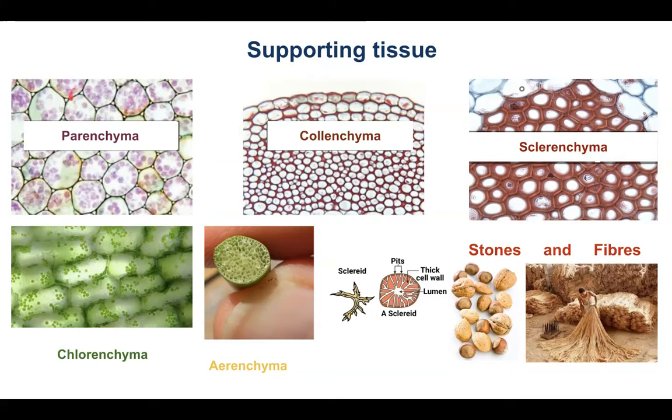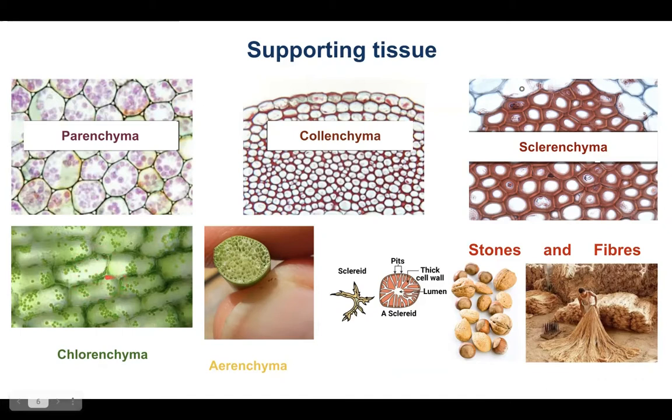They are basically meant to store starch. So all starch is stored in the plant cells, in parenchyma cells. If parenchyma cells have chloroplasts in them, then the parenchyma is called chlorenchyma. The chlorenchyma is found in green structures of a plant.